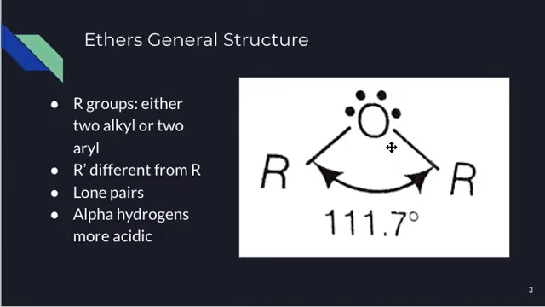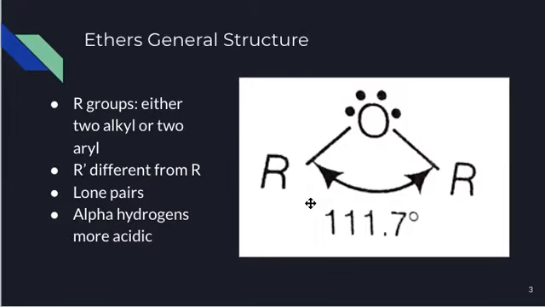The difference between alkyl and aryl groups is that alkyl groups are either straight or branched alkanes missing a hydrogen, and aryl groups are a hydrocarbon ring structure, think of benzene, that is missing a hydrogen.